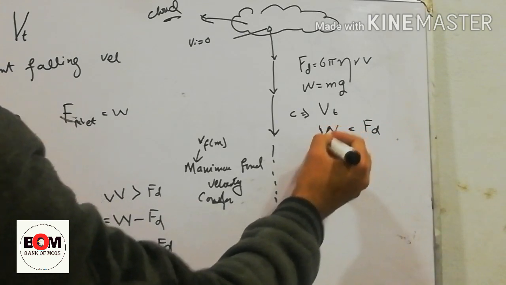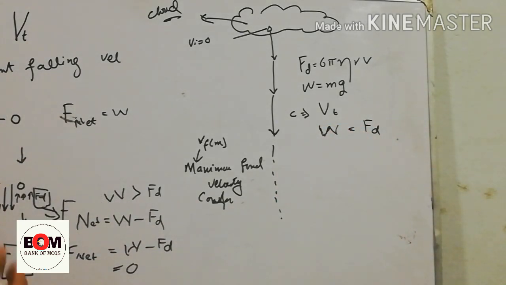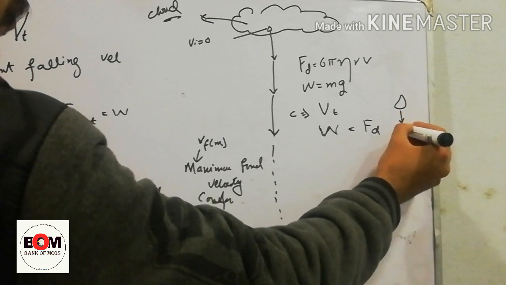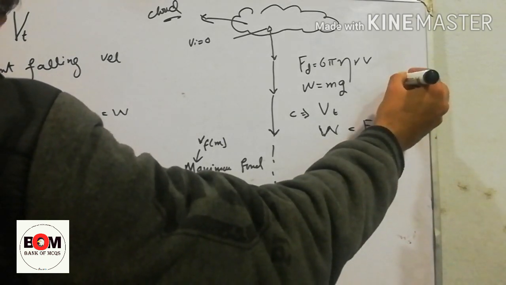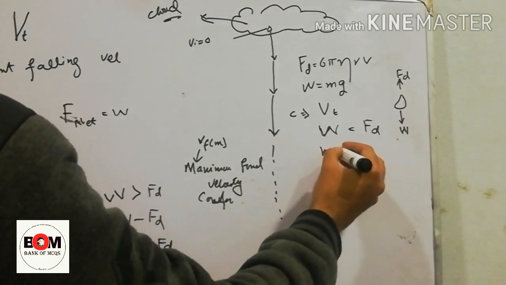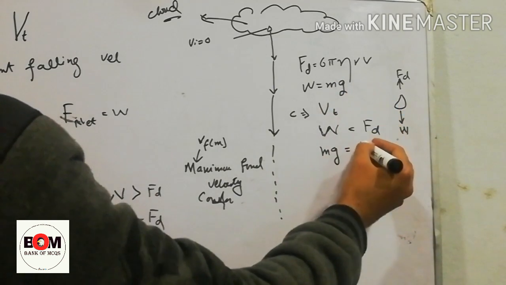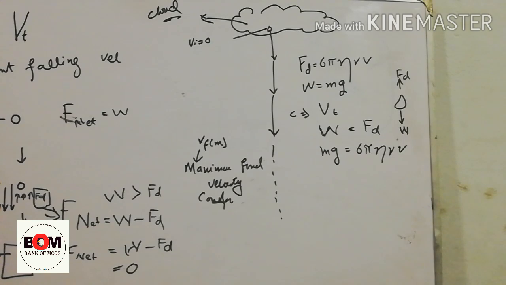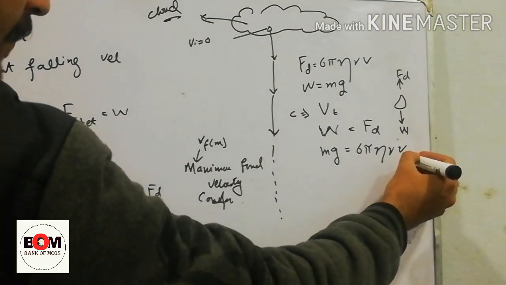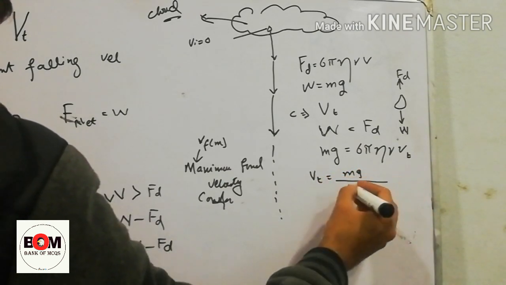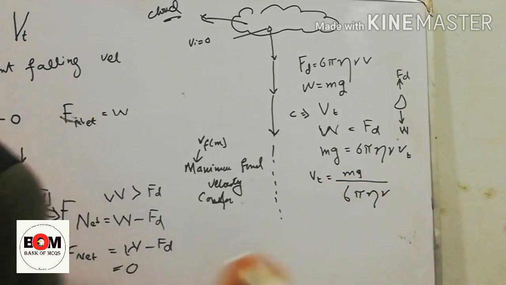So both cancel the effect of each other, and the drop falls at constant terminal velocity. This is the drop: weight acts downward, drag force acts upward, and at terminal velocity both are equal. So W is equal to mg, Fd is equal to 6 pi eta r Vt. So Vt becomes mg divided by 6 pi eta r.